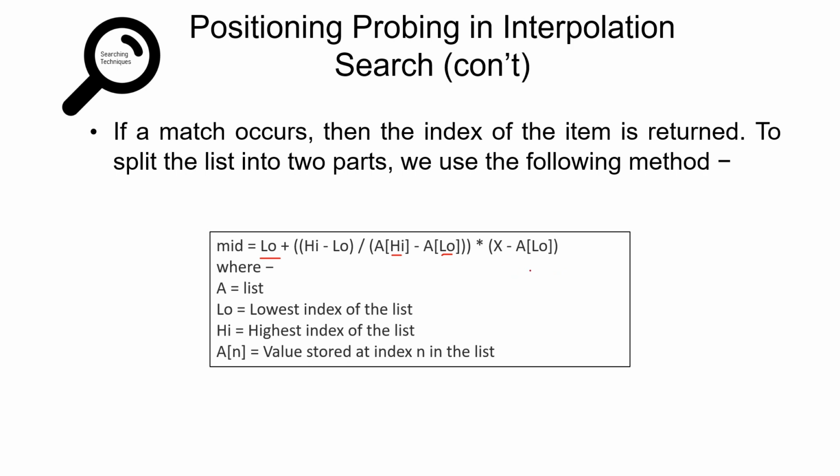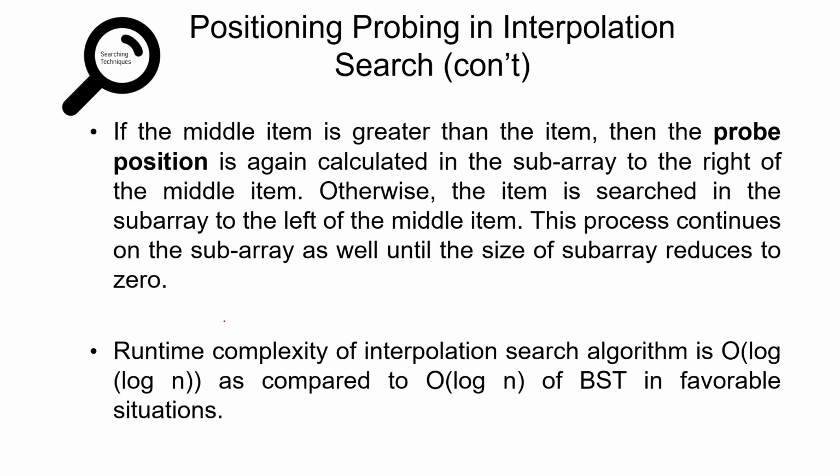So, x minus, yung x natin, yung search criteria natin, and minus by a index of low, where a is the list, low is the lowest index of the list, high is the highest index of the list, and a index of n is the value stored at the index n in the list. Okay? So, let's proceed to the actual.